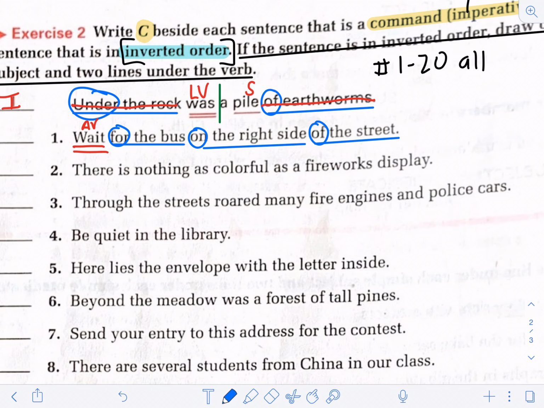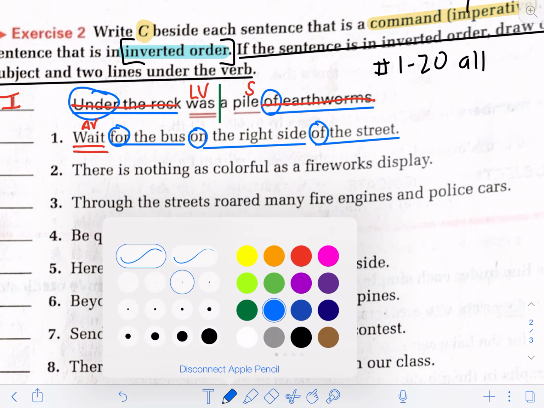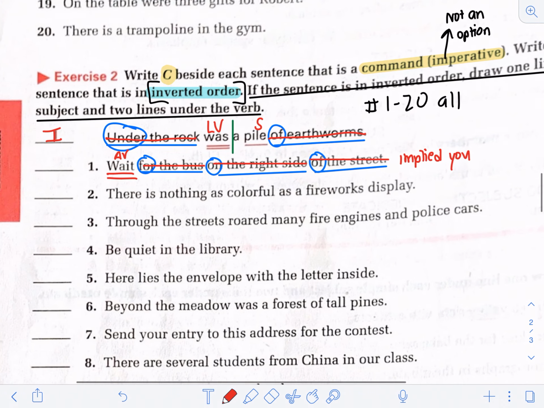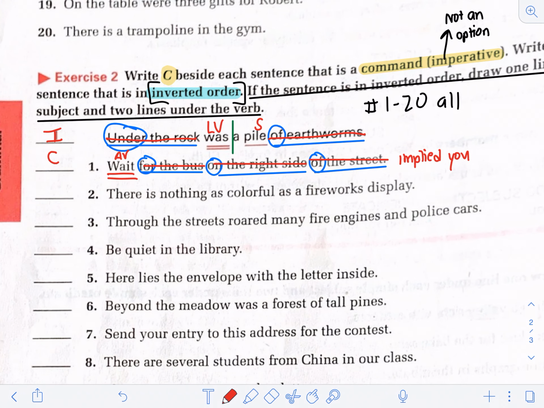And I realize that there is an implied you. I am being told to wait for the bus on a specific side of the street. So I know that it's a command and that it's imperative, so I would write C.